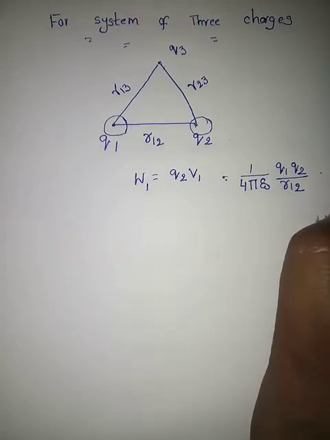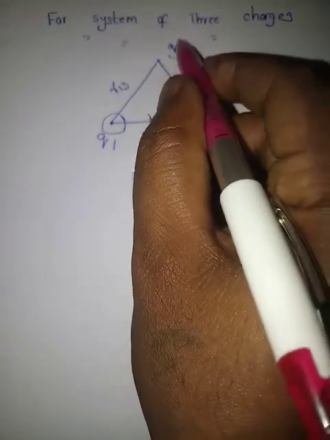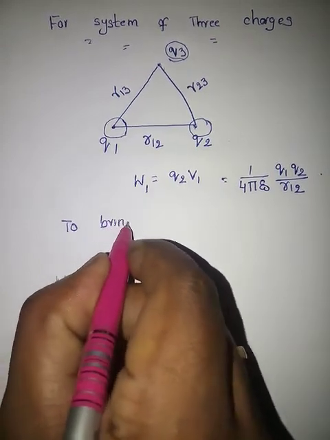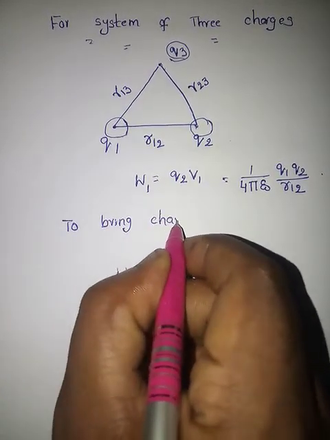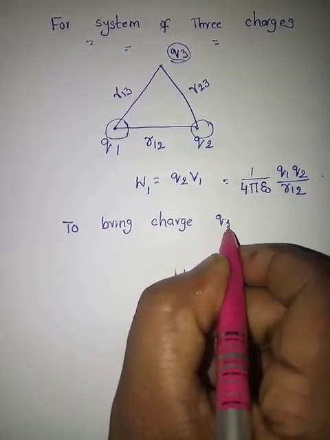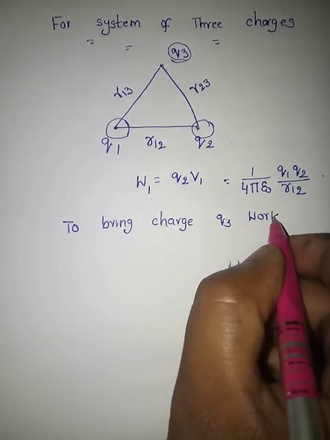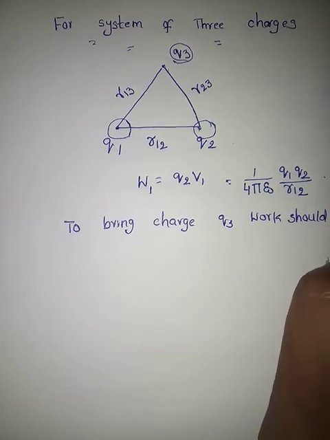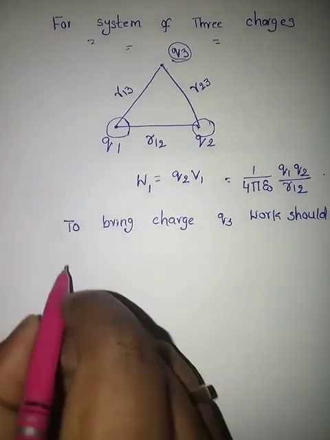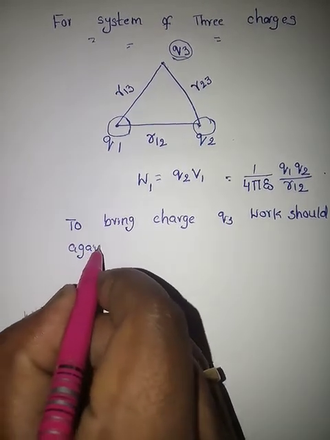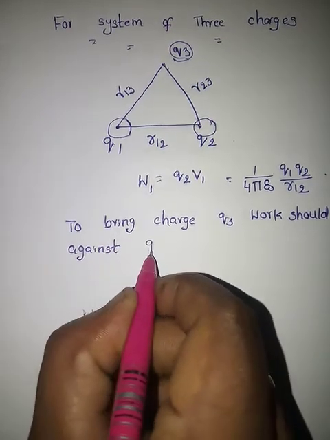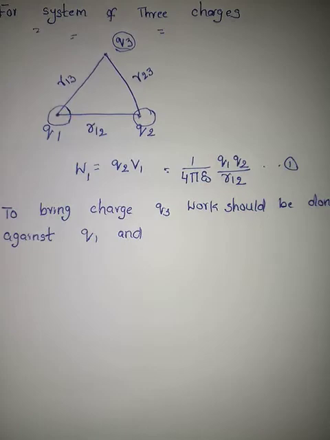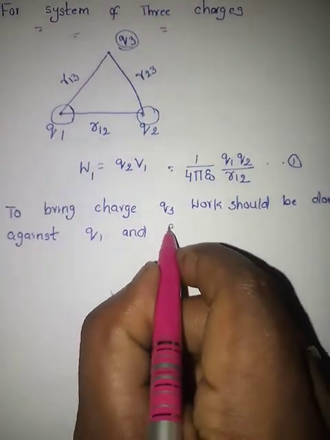This is the work done. Now again, to bring charge Q3, work should be done against the other charges. How many charges are there? 2 charges. We have to work against Q1 and Q2, right?